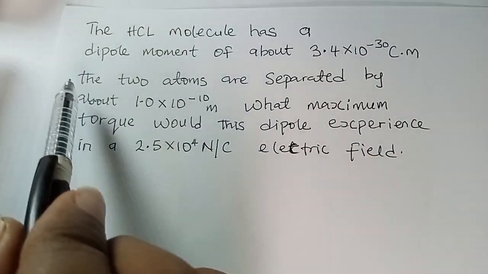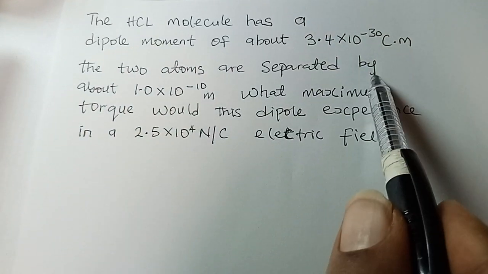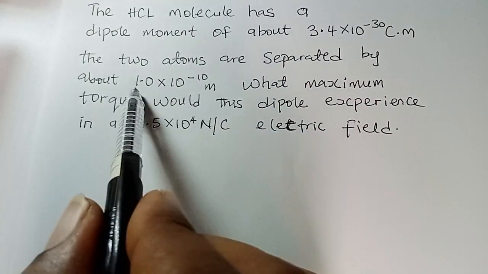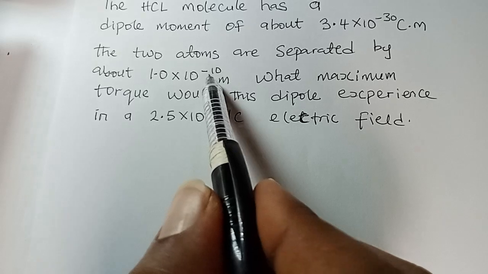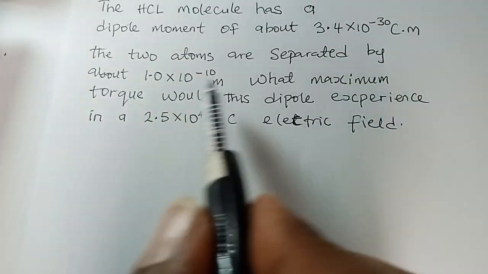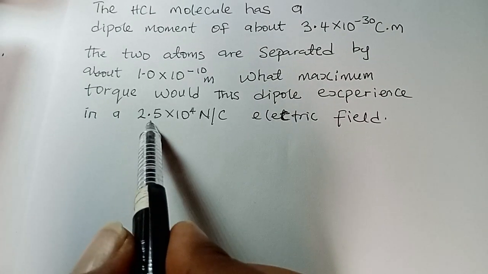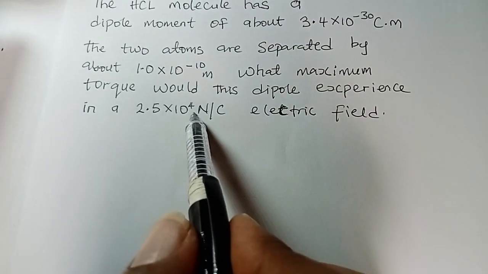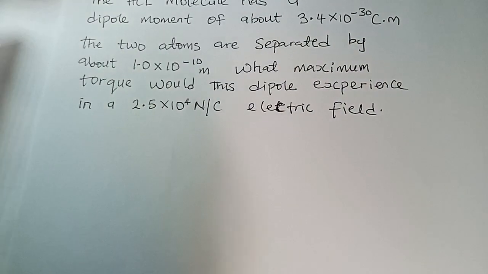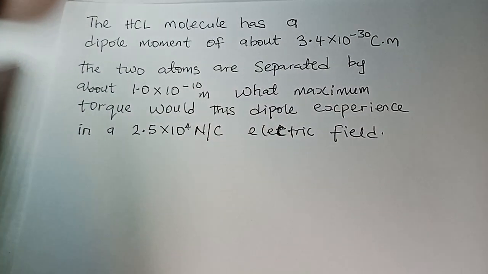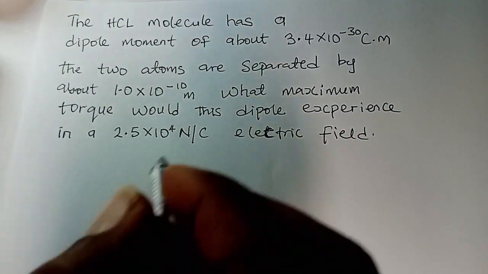The two atoms are separated by about 1.0 times 10 raised to the power minus 10 meters. What maximum torque would this dipole experience in a 2.5 times 10 raised to the power 4 Newton per coulomb electric field?